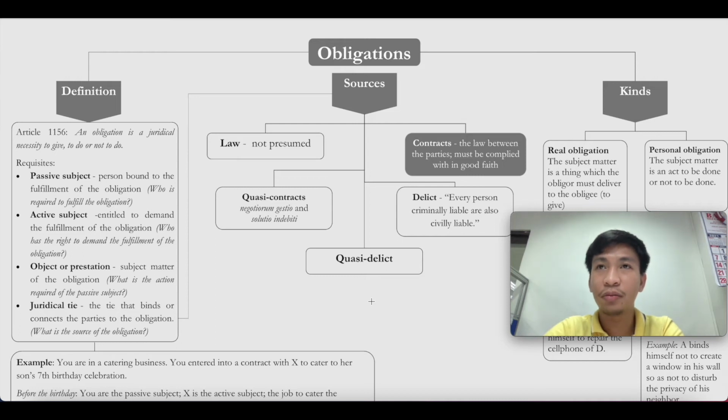Kumbaga, kung meron kang natanggap na bayad na sobra or not due sa'yo, your obligation is to return it. Now, what do we mean by this? For example, may bumili sa'yo ng sardinas. That's 50 pesos. For example lang. Ang binigay sa'yo ay 1,000.